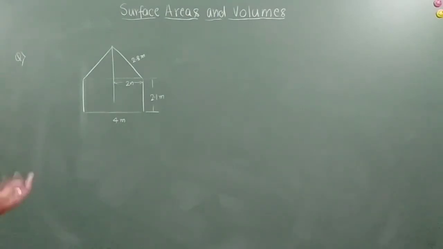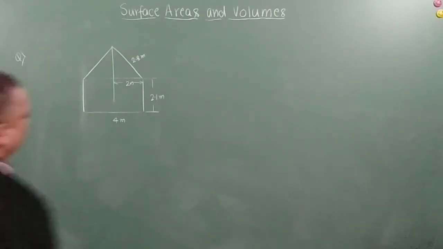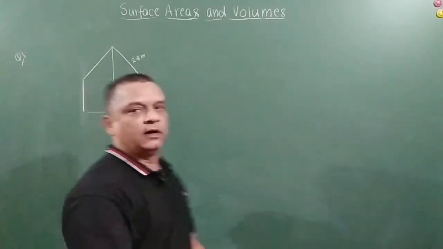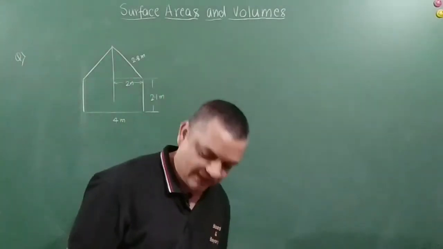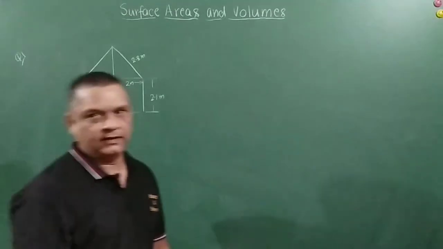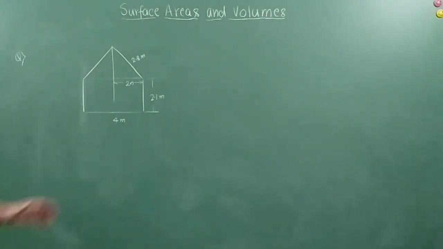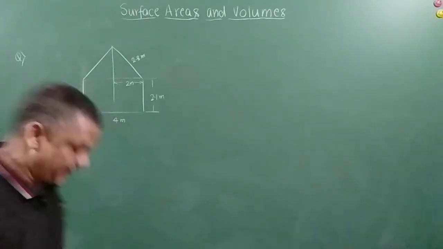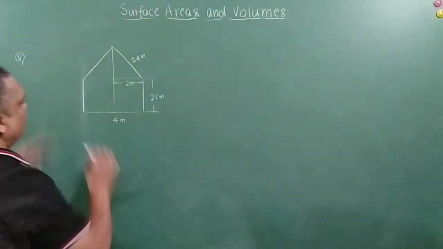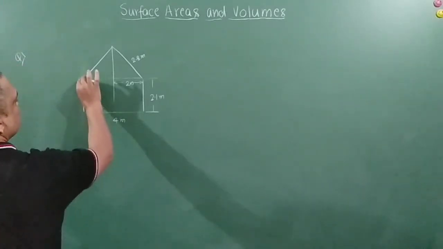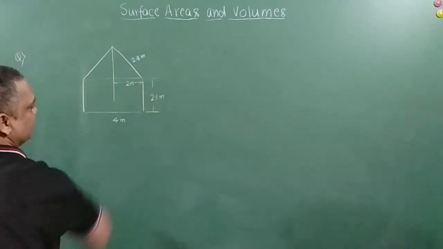Okay, so they are asking to find the area of the canvas used for making the tent. Okay, and they are categorically saying that canvas will not be used to make the base of the tent, right? So now what I have to do is basically find out the curved surface area for this cylinder.